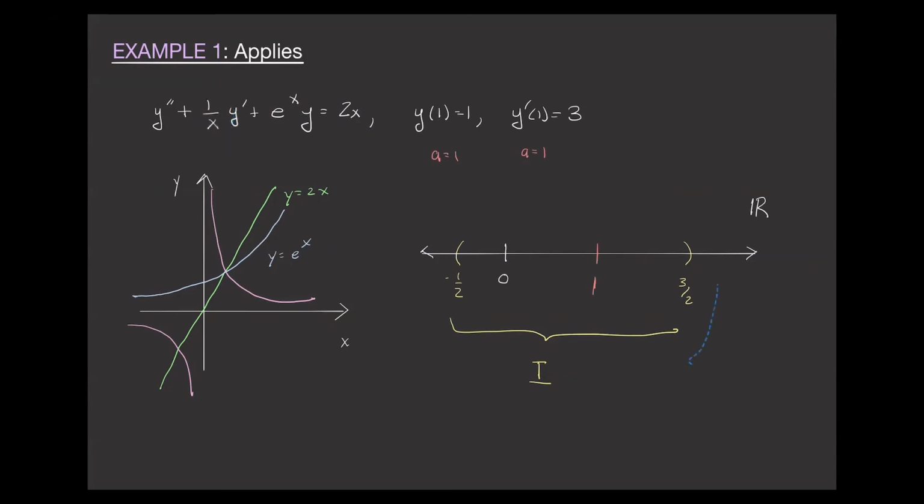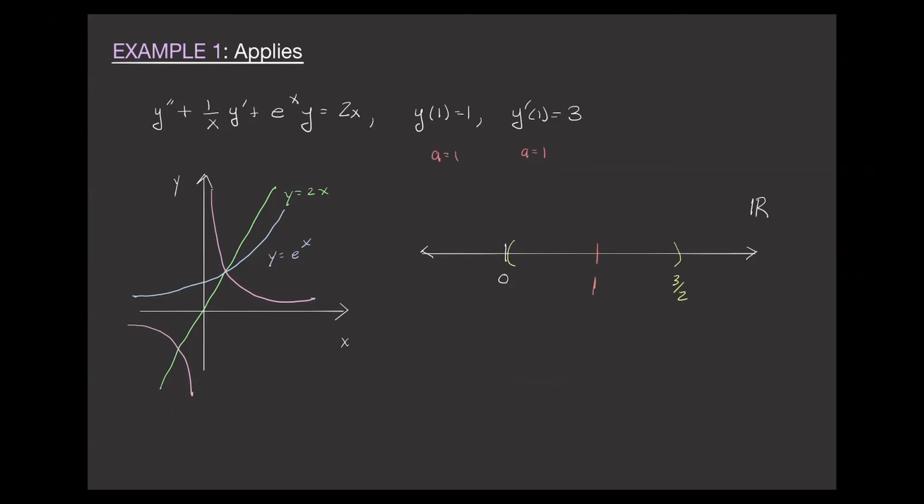Let me get rid of this since we said it wasn't good. Now I see some good suggestions in chat. Let me just pick one that seems like it'll work. Let's say 0 to 3/2, for instance. There are many that would work, but here's one.